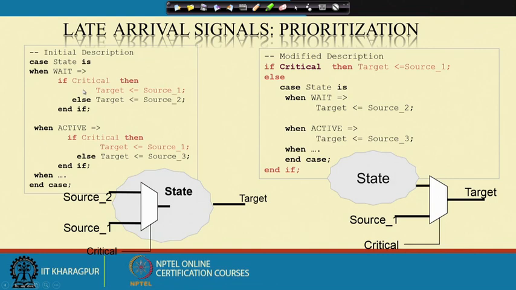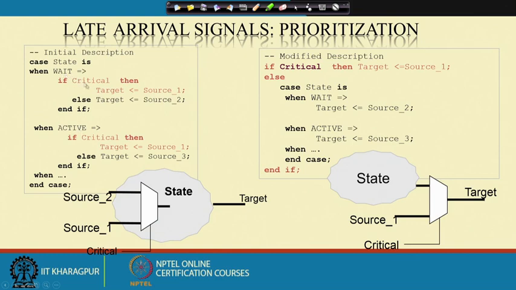So, this algorithm says that case state is wet state, then if the condition is critical, target will be selected from source 1, otherwise if it is not critical, then target will be selected as source 2. So, there are two states, wet state and active state.